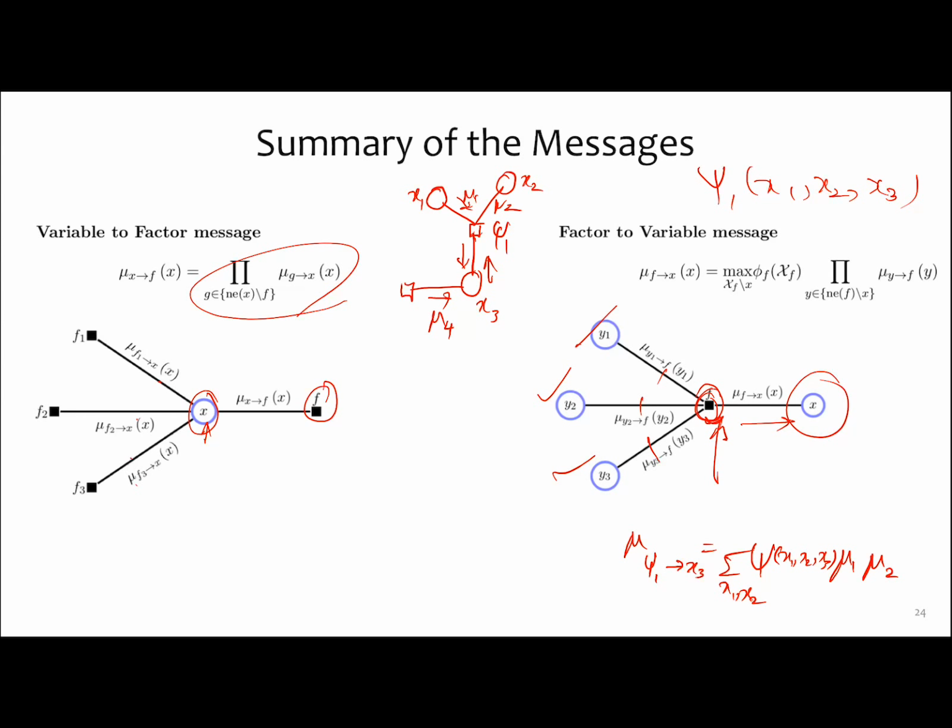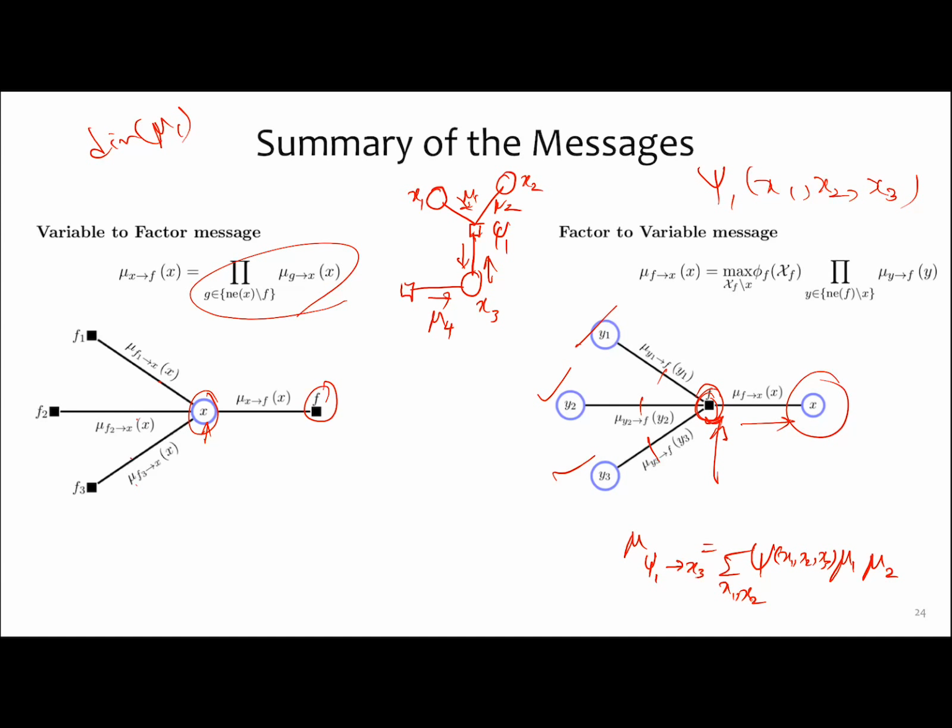Could you explain why mu1 and mu2 are orthogonal? Orthogonal? I don't think that is it. Are they both of the same dimensions? No. So what is the dimensionality of mu1? It comes from x1, so it would be as many states as you have in x1, the cardinality of x1.